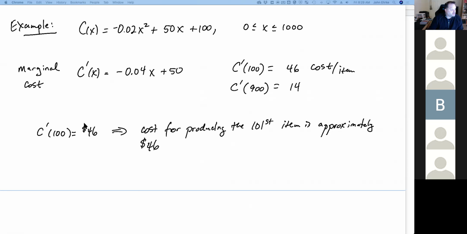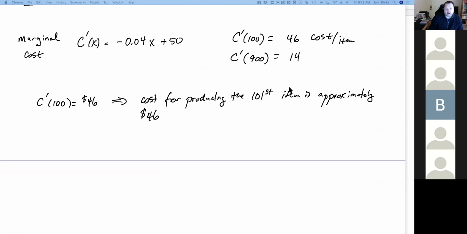Remember, the derivative is always a unit change, meaning you go from whatever you're at to the next unit over. So from 100 to 101, the cost associated with producing that is approximately $46. Versus when 900 units have been produced, the cost from going from the 900th to the 901st is approximately only $14.